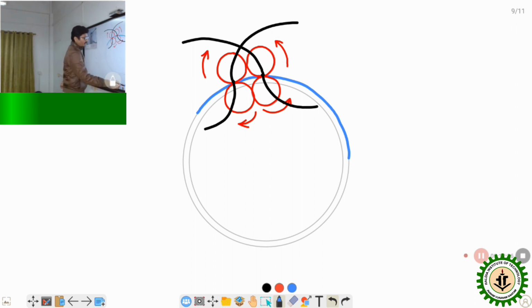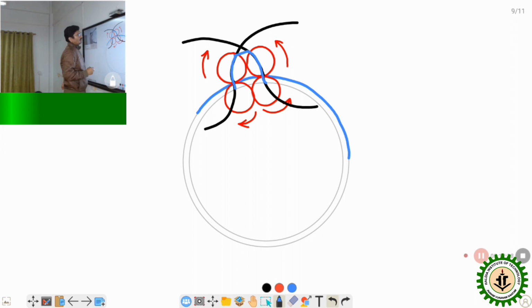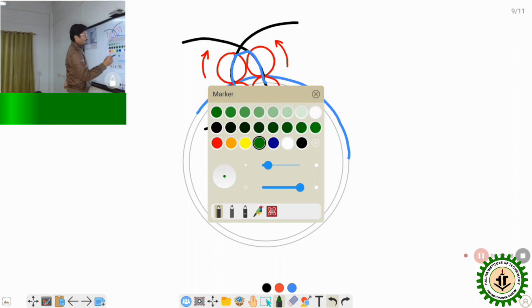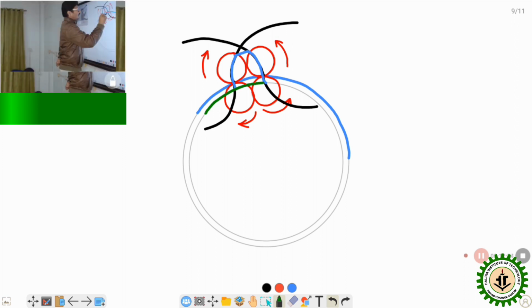Now, how do we get the final tooth? We can get the final tooth from this section. Now, how long will this curve remain cycloid? As I told you, this is the base circle.